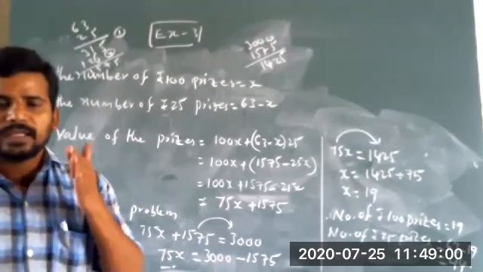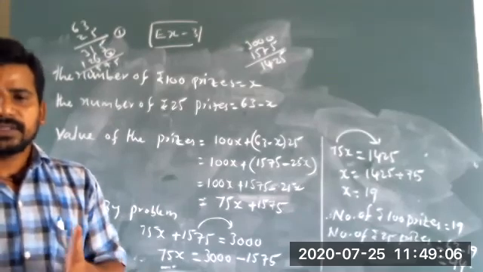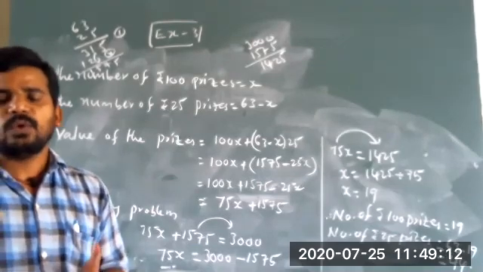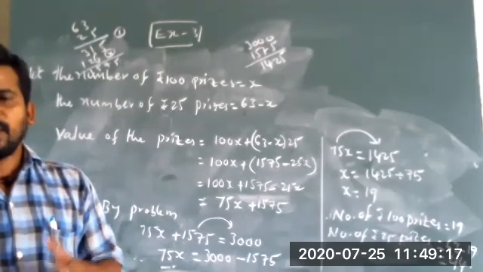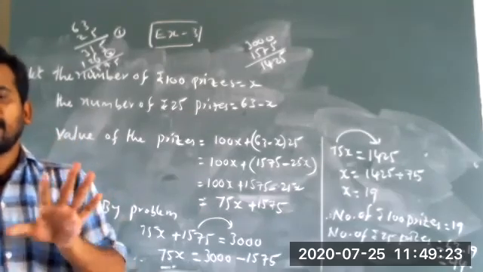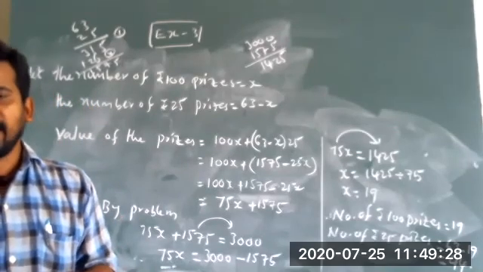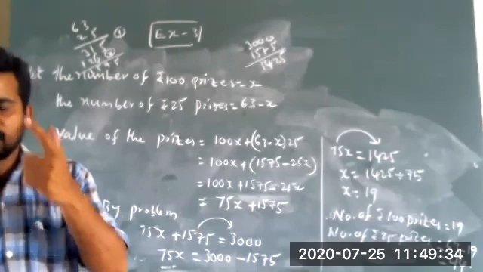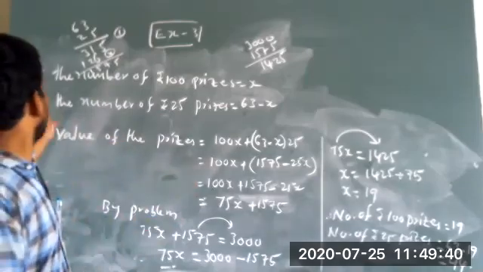By the problem, 75x plus 1575 equals 3000. Now 1575 is sent to the RHS, so 75x equals 1425. Finally we get x equal to 19. So the number of 100 rupees prizes is 19. The number of 25 rupees prizes is 63 minus x. Substituting 19 in place of x, 63 minus 19, we get 44. So this is the answer for the 8th question.